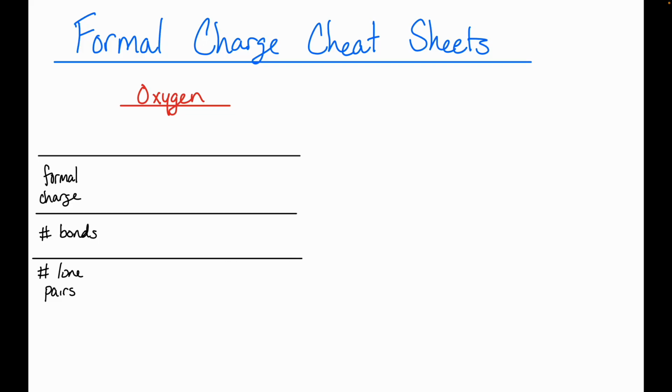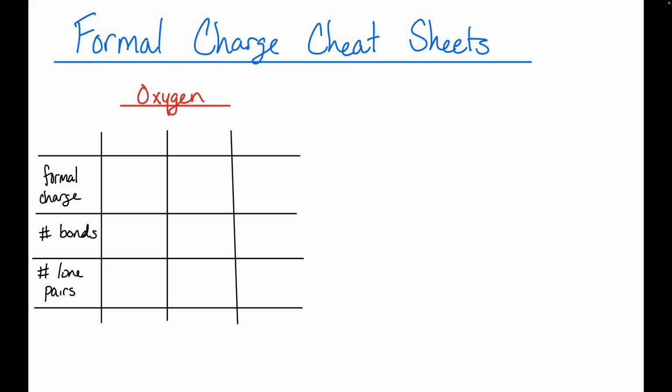In this little chart here, we're going to have 3 columns. What we're going to see is our nonmetals, at least in organic chemistry, they only really adopt 3 different charge states. Okay, so let's put in the middle here what we said oxygen likes to have.